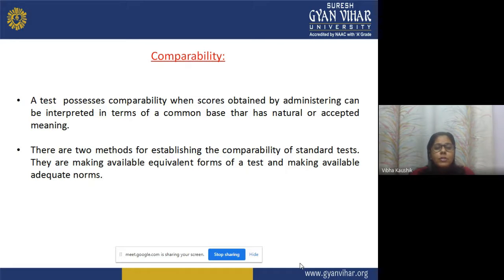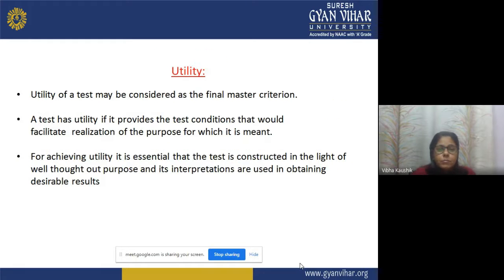There are two methods of establishing the comparability of standard tests. Standard tests are those that have reliability, validity, fixed norms, and scoring criteria, all planned, fixed, and written in a manual. They make available an equivalent form of a test and adequate norms.